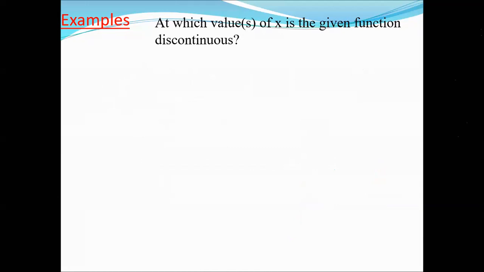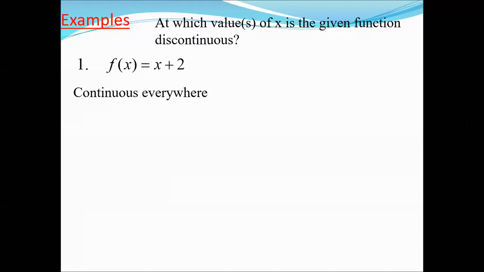At which values of x is the given function discontinuous? Suppose the function f(x) is equal to x plus 2. It is continuous everywhere, because whenever you substitute any value of x, you will get the left hand limit and right hand limit equal to a finite value. That is, suppose we consider x tends to 5.